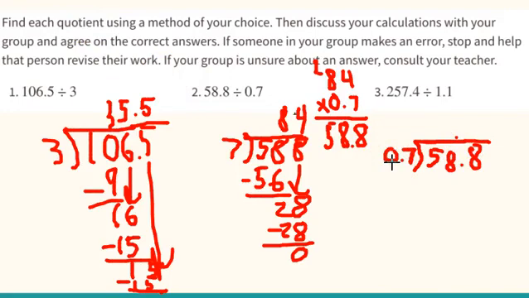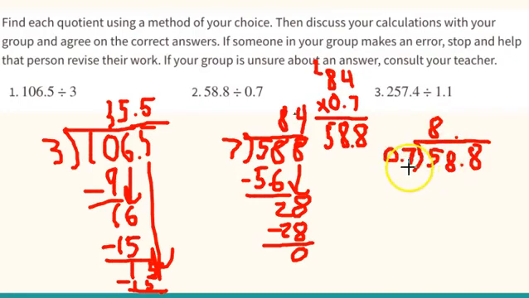Because normally what you would think of is 7 would go into that 58 8 times, right? But that's not really what we're doing here. We have to think of this as 7/10 going into 5. How many times can 7/10 go into 5? It can go 8 times.